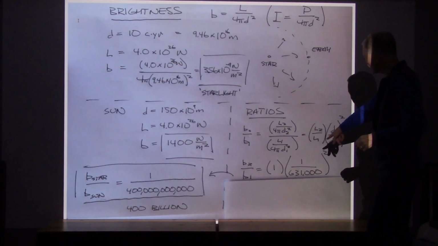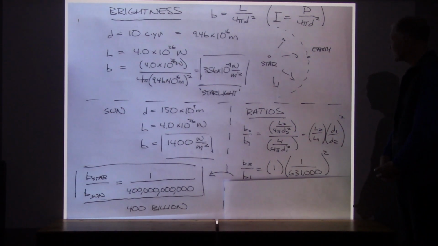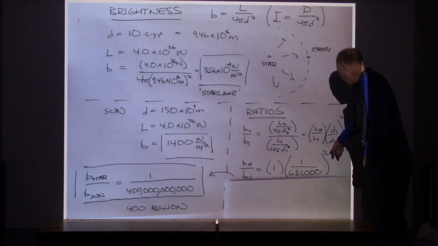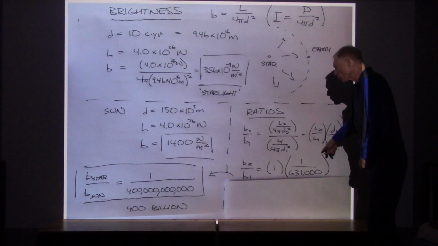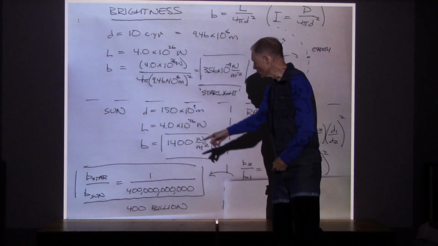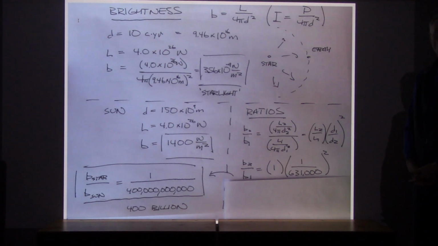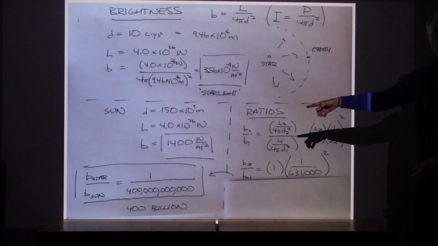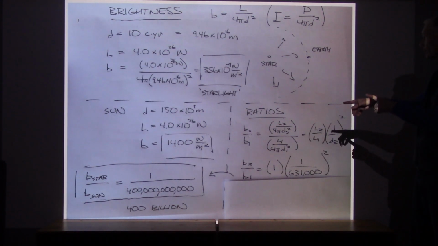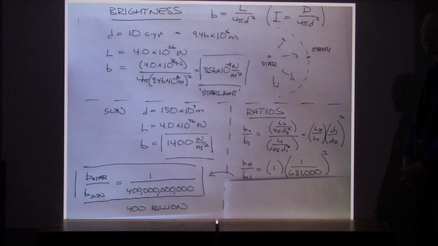And that star at 10 light years turns out to be 631,000 times farther away than the sun. And so at 631,000 times farther away, we square that, and that also gives us this number of 400 billion. So yeah, the sun's going to be 400 billion times brighter than this relatively close star, because it's so much closer to us.